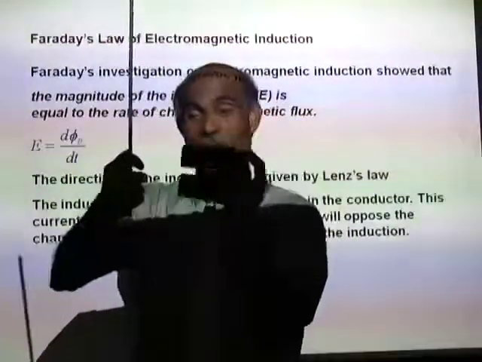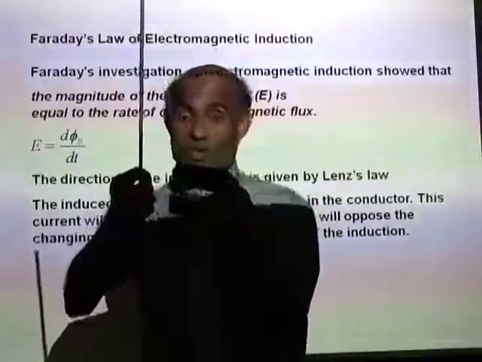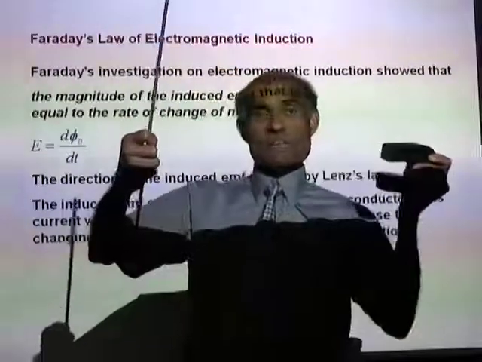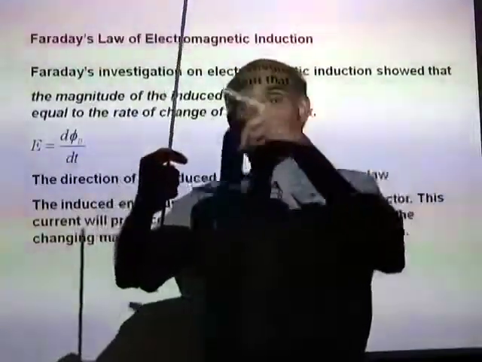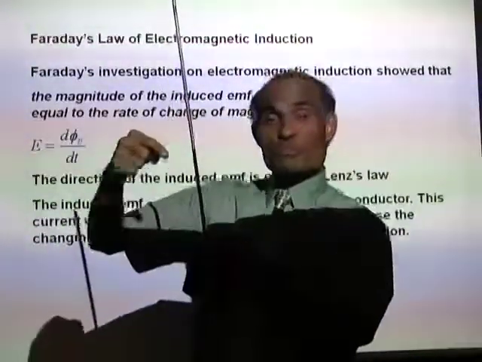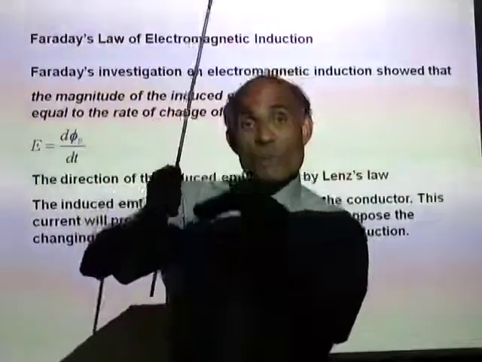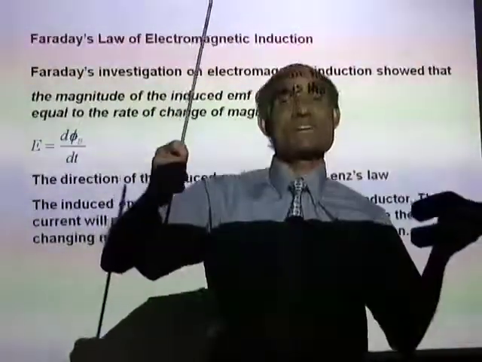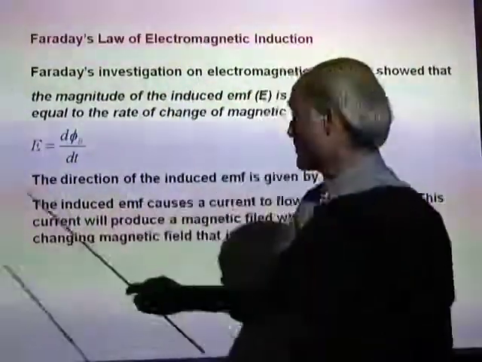On the other hand, if the induced current is caused by a decreasing magnetic field, the direction of the current will be such that the magnetic field produced by that current will oppose that decreasing magnetic field. That is the meaning of this.